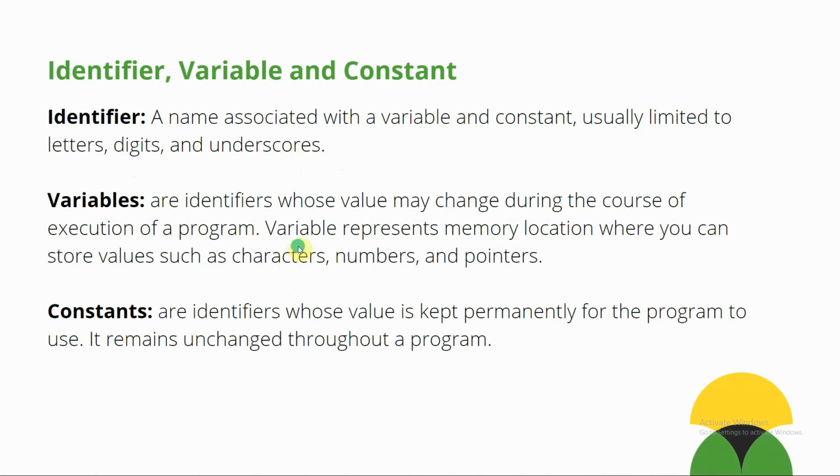The same with the function in math, no? You use variables to define a certain number. So in the same way in C++ programming, it represents a memory location where you can store your values, not only numbers but also characters and pointers stored in this variable declaration.